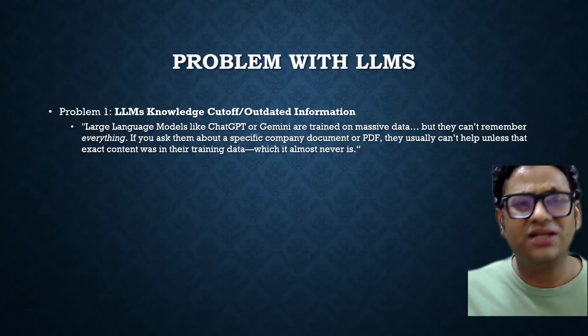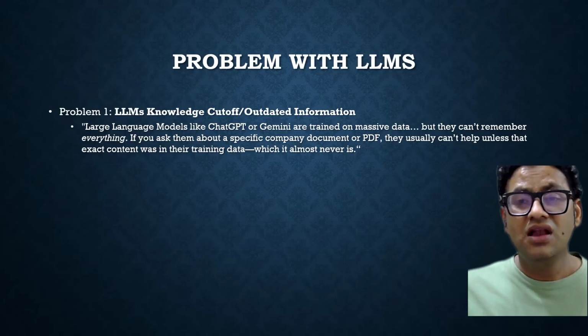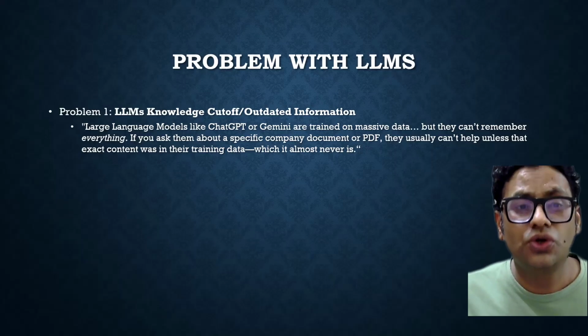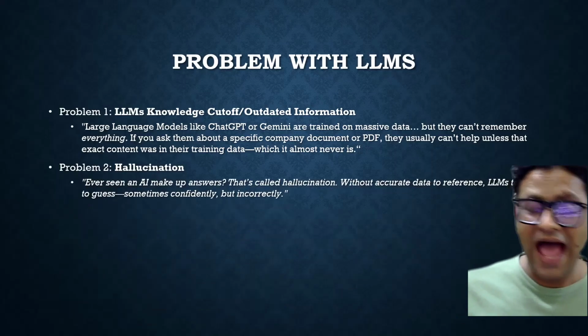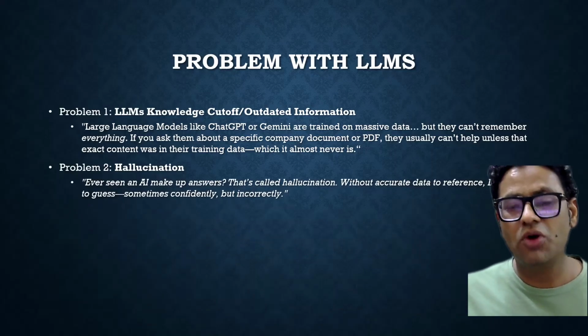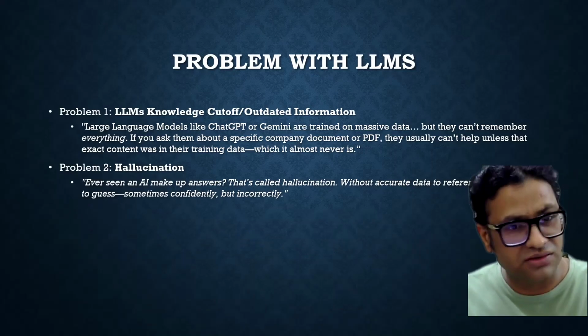That's one thing. The other thing is, if we have some specific information which these large language model companies don't have a hold of, it can also not be known to these models. The second problem is that if you ask any large language model, it always provides you one response or the other.